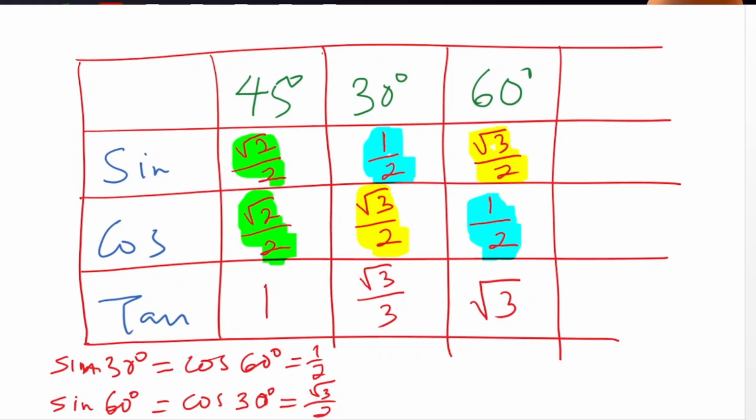So that means sine 45 degrees equals what? Cos 45 degrees. And that is root 2 over 2. I hope this is very clear.